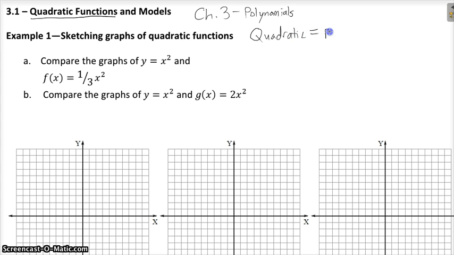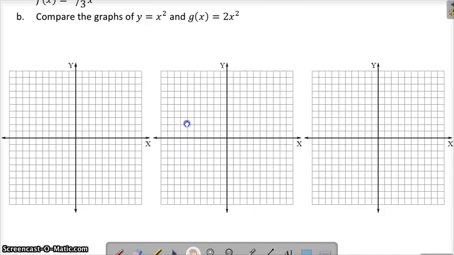And the term that you're used to seeing is parabola. What we're going to do is talk about how the graphs of these look, how you can compare these with other parabolas, how you identify specific things about parabolas, and how you look at a parabola and know specific things about it.